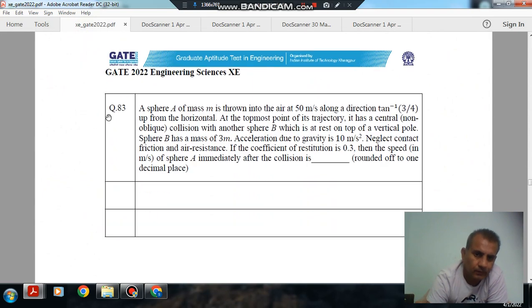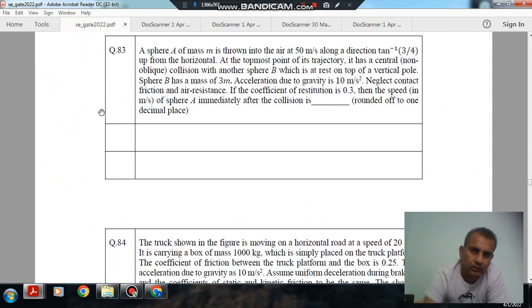Next, a sphere A of mass m is thrown into the air at 50 meter per second along a direction tan inverse 3 by 4 up from the horizontal. At the topmost point of its trajectory, it has a central non-oblique collision with another sphere B, which is at rest on the top of a vertical pole.